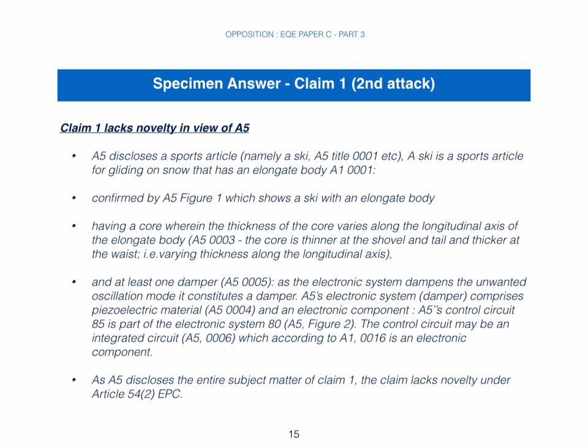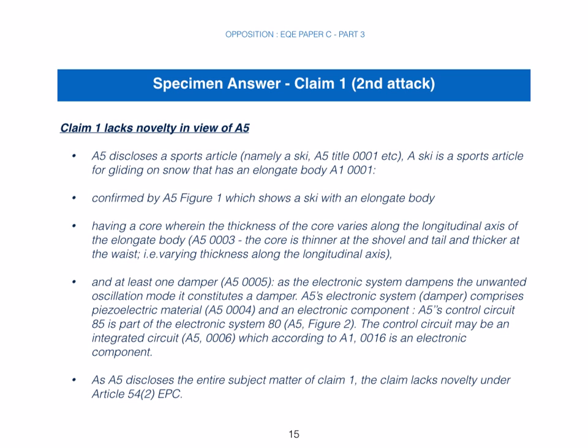A5's control circuit, 85, is part of the electronic system 80 (A5 figure 2). The control circuit may be an integrated circuit (A5 paragraph 6), which according to A1 paragraph 16 is an electronic component.